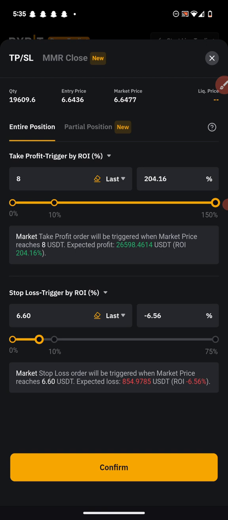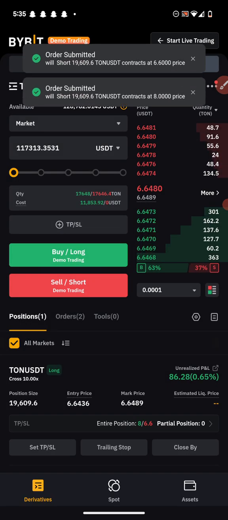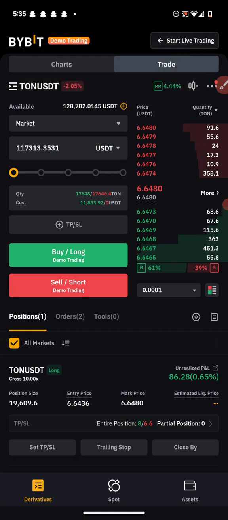Remember, this is the demo account, so minus 6.5% loss, and I will click on confirm. So that is it. Immediately it gets to your stop loss, if the market is going against you, it's going to take you out. Now you have already set take profit as well. You can see where we put our stop loss. So if the trade is going against us, when it gets to minus 6.5, the trade will take us out. So that is how it works.